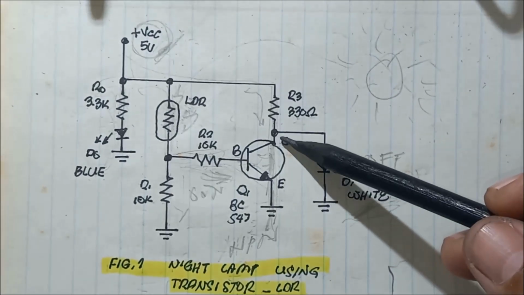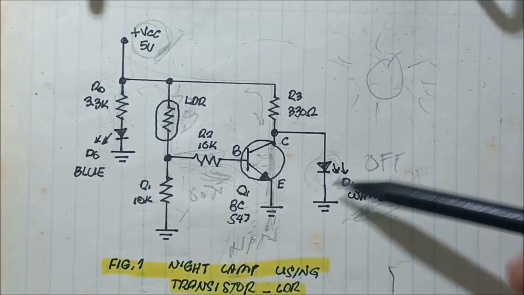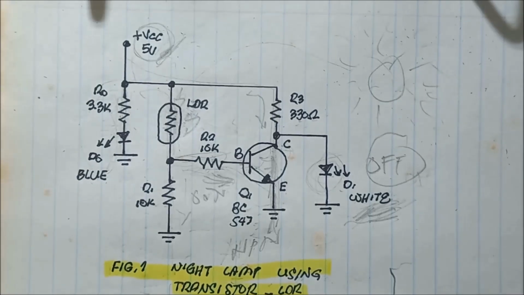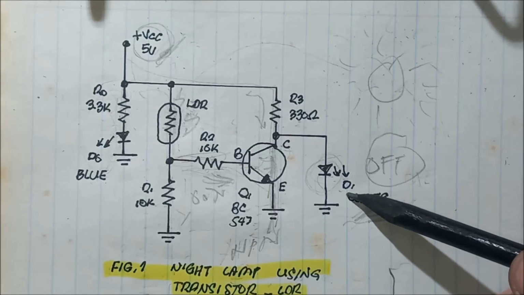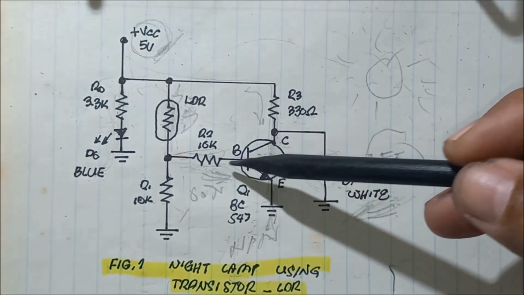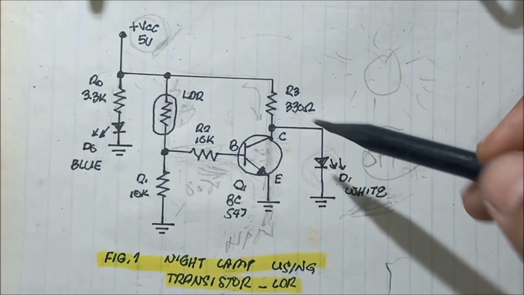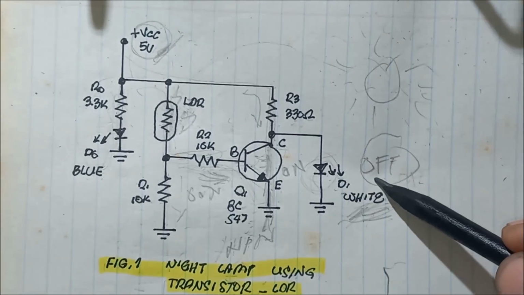So when this happens, there is no output. This white LED turns off. The LED is off because all the current flows into the ground, because this transistor is on. So when the transistor is on, the output is off.